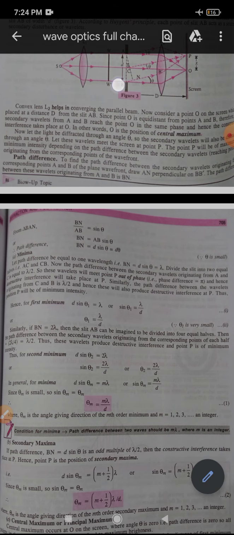Then the path difference between the secondary wavelets originating from the corresponding points of each half will be lambda by 2. Thus these wavelets produce destructive interference, and at point P we get a minimum intensity.